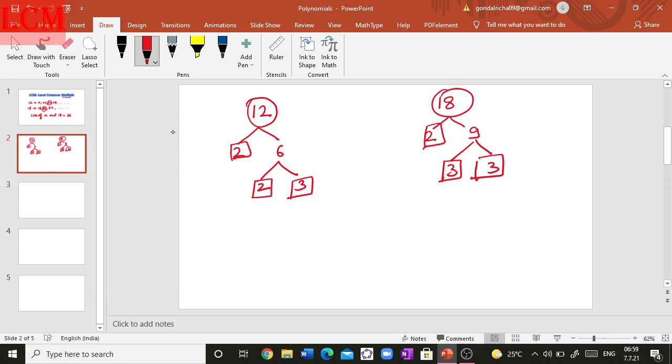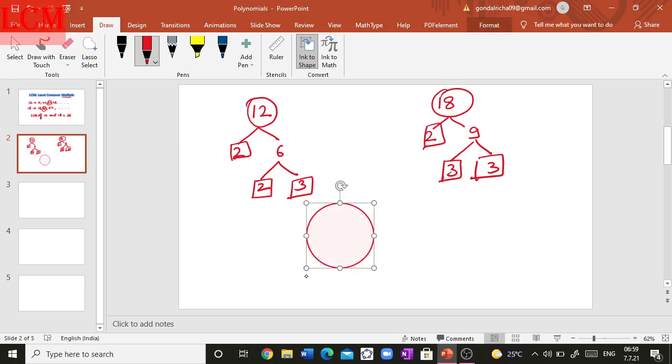Now, I have to find out the least common multiple. There is an easy way to find the LCM of these two numbers by having the factorization of 12 and 18 individually. Let us suppose we are forming a group of the prime factors of 12 and a group of the prime factors of 18.